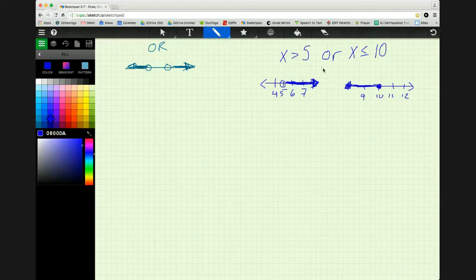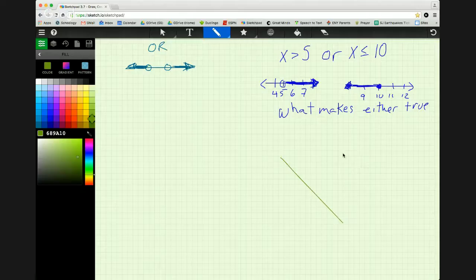So what we want to do is find what makes either true. And the way that we do that is we come over here and build a number line. 4, 5, 6, 7, 8, 9, 10, 11.